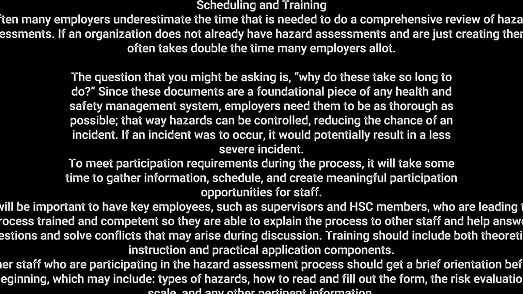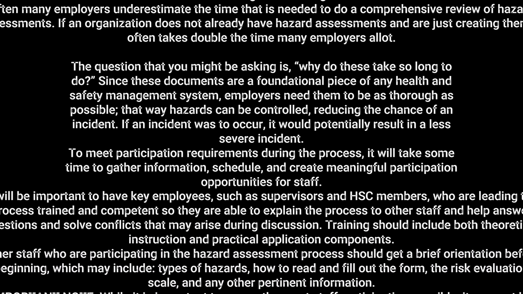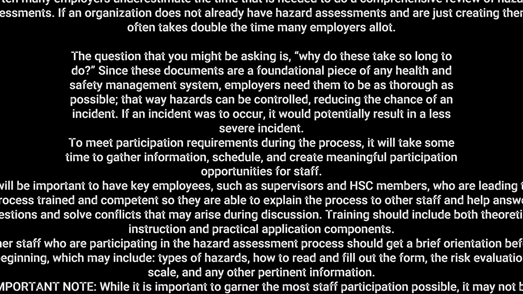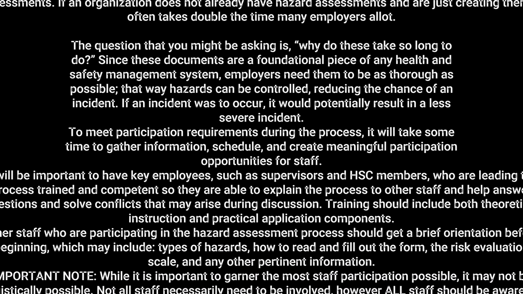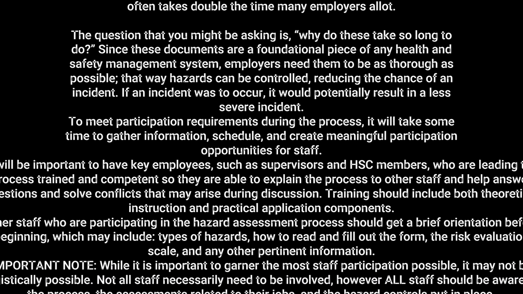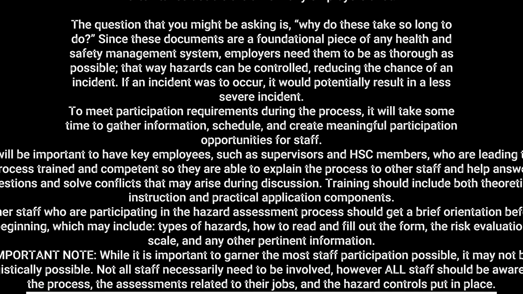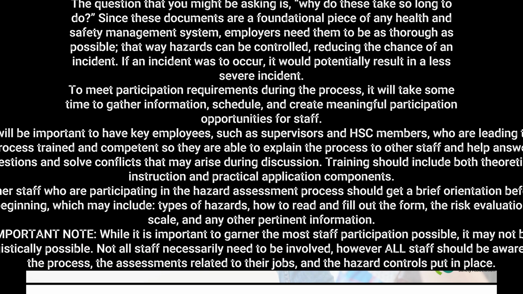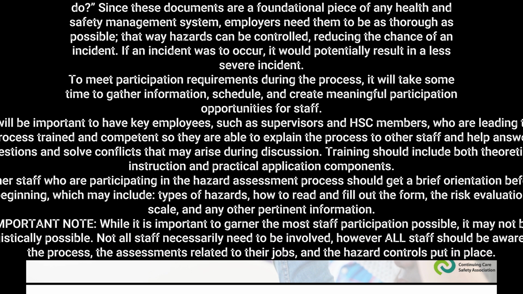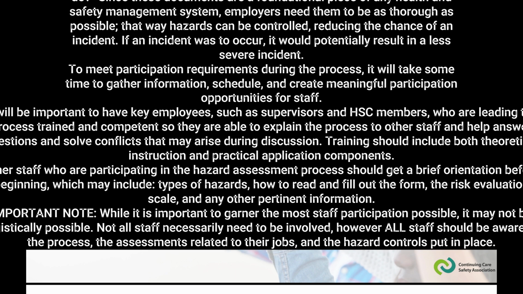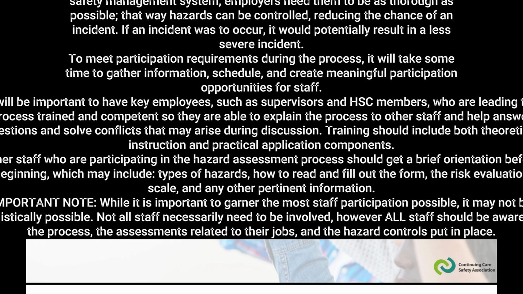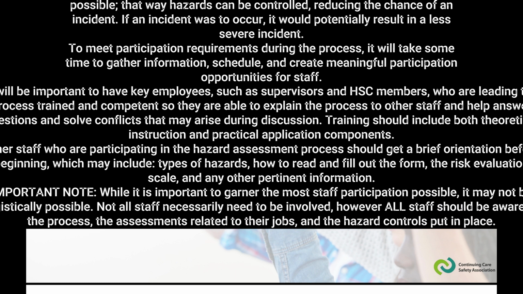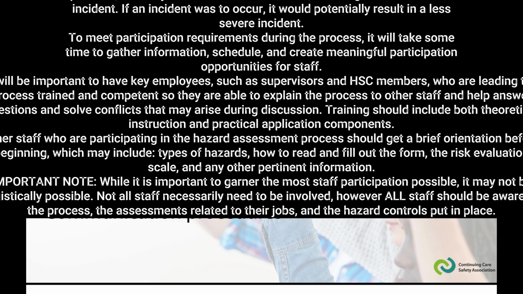To meet participation requirements during the process, it will take some time to gather information, schedule, and create meaningful participation opportunities for staff. It will be important to have key employees, such as supervisors and HSC members, who are leading the process trained and competent so they are able to explain the process to other staff and help answer questions and solve conflicts that may arise during discussion.